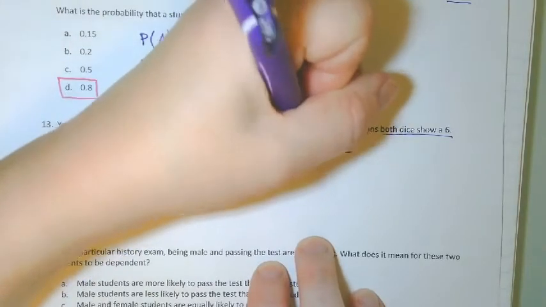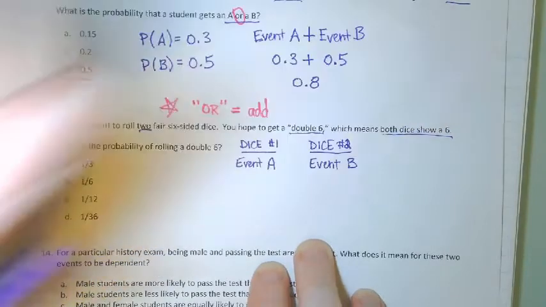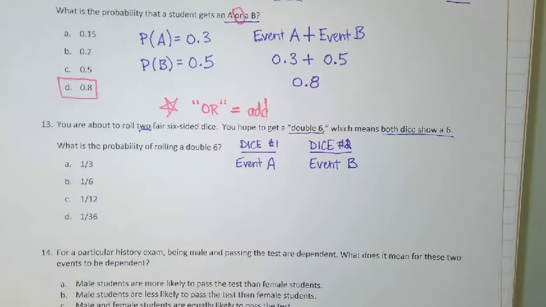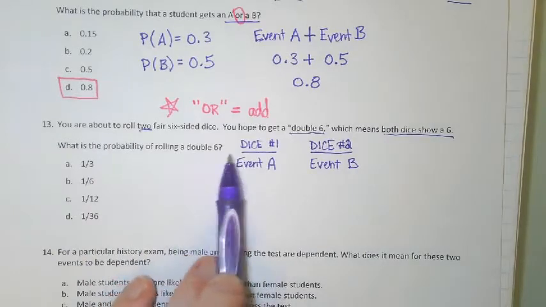I'll just think of that as event B. So just like question 12, we have 2 separate events we're looking at. But the key difference here is in question 12, they were asking what are the chances that either event happens, either event A or event B. But in answering question 13, what's the probability of rolling a double 6?